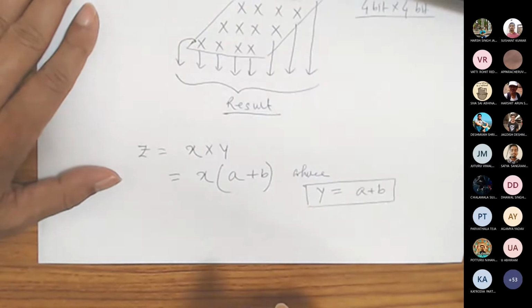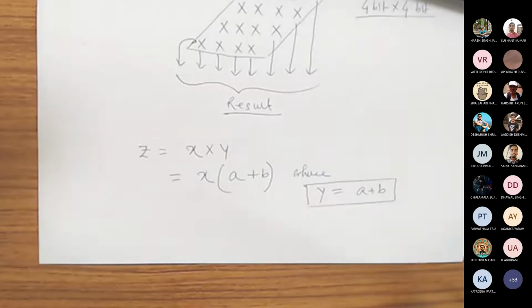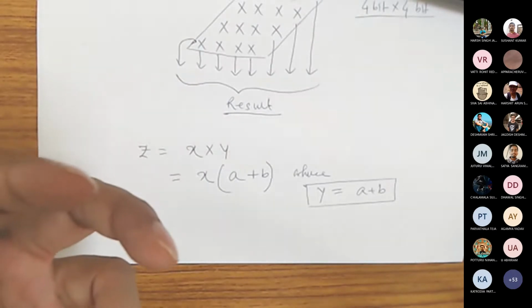The time of a circuit should not be dependent on the input size. Even if it is log n, if the value of n is large, then log n will also be large.